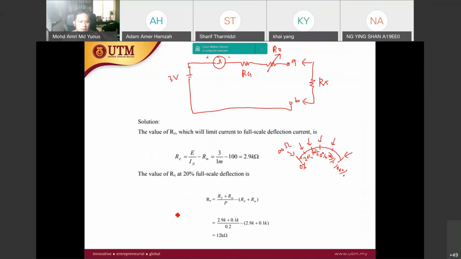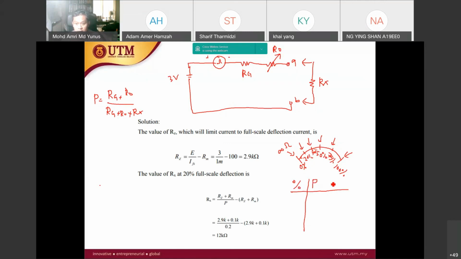If you look, the ratio P, the equation is P equals Rg plus Ro over Rg plus Ro plus Rx. So basically, these are Rx values at different deflections.